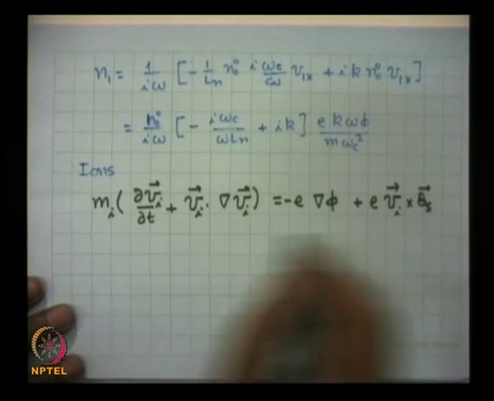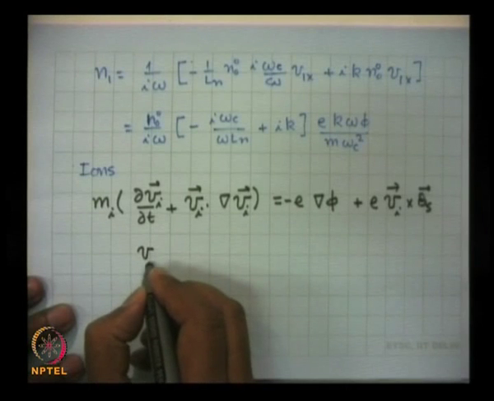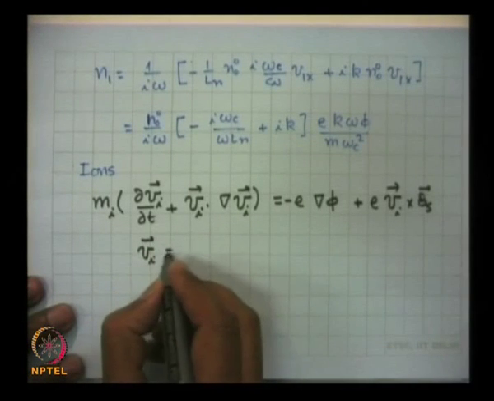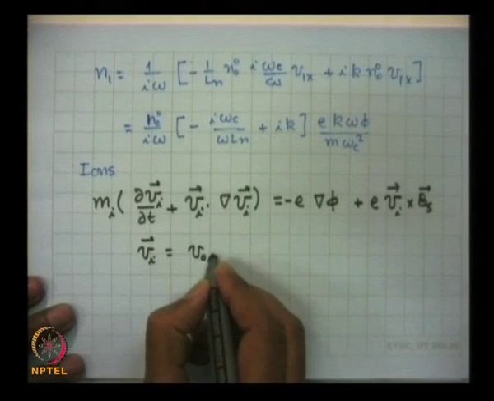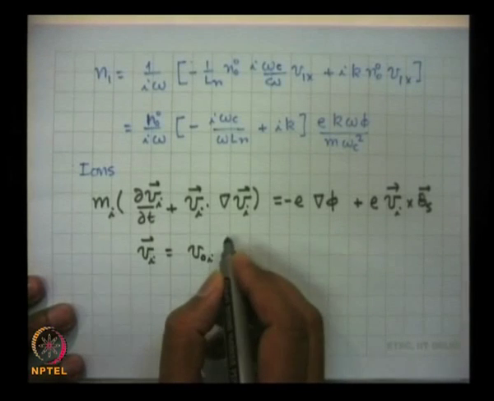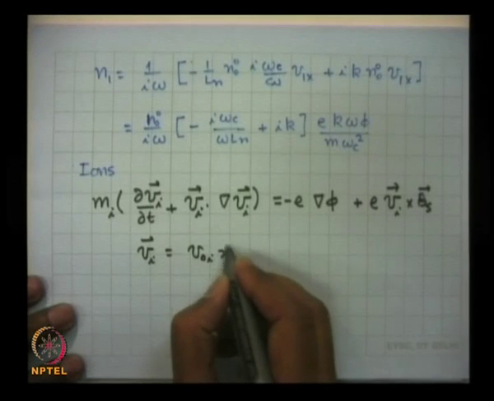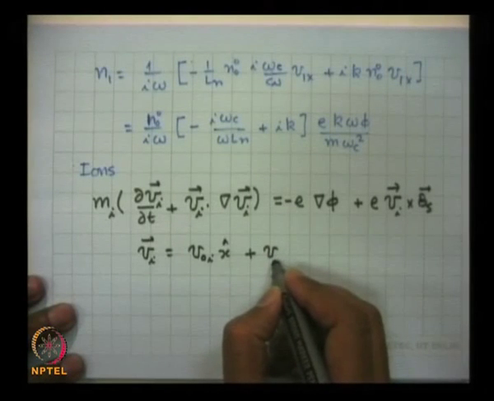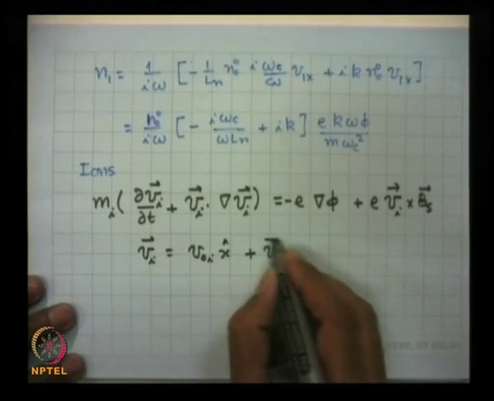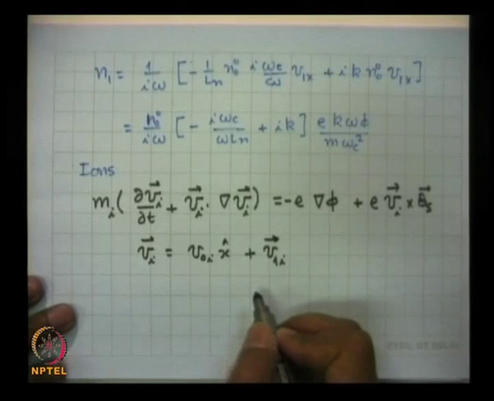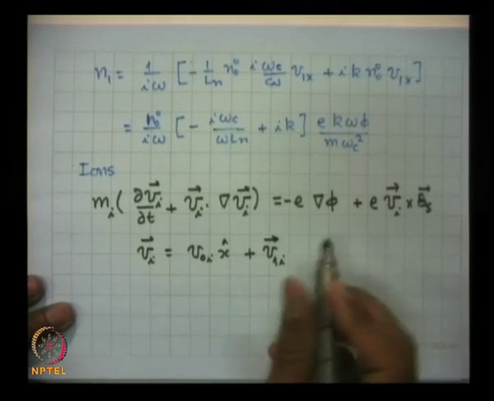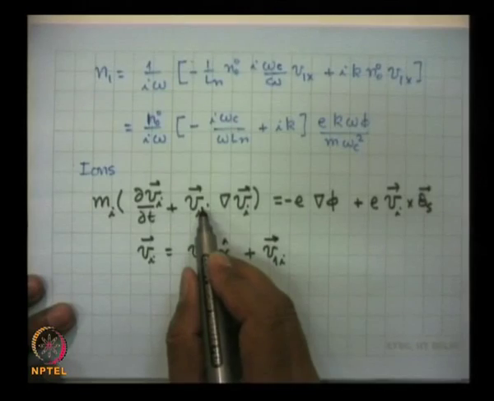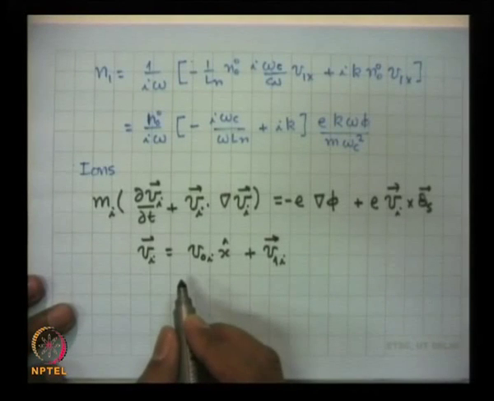So, when you solve this equation, put ion velocity is equal to V0i, the equilibrium velocity which was in the x direction, plus a perturbed quantity V1i, and use this in this equation and linearize this equation.